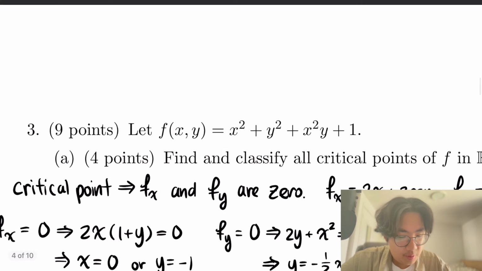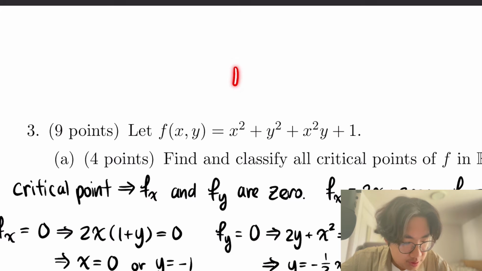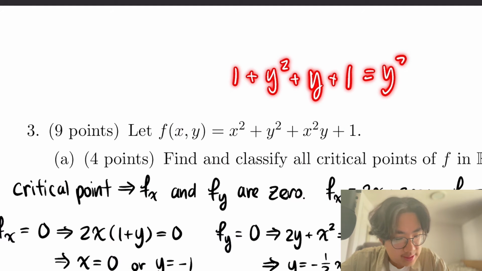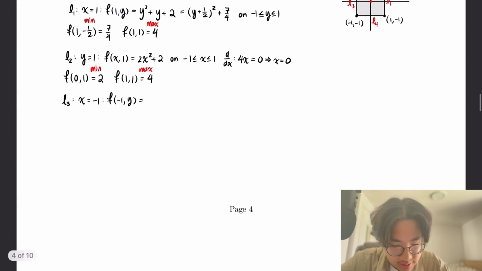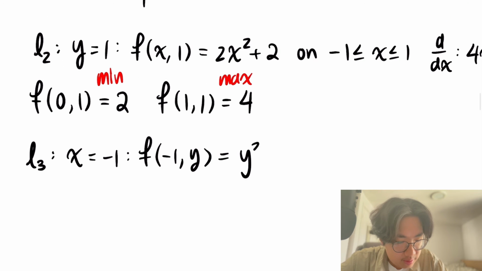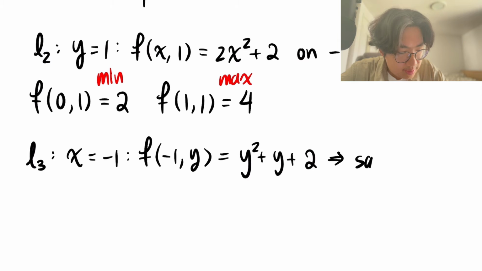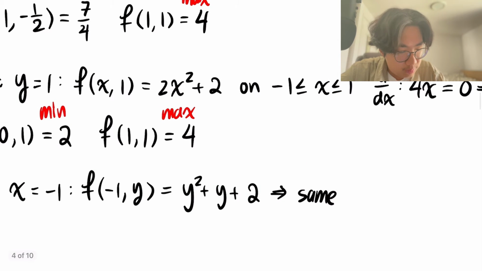You have -1 squared, so 1, plus y squared plus 1 times y, so plus y plus 1. So again, you have the same thing as previously, L1, plus y plus 2. Let's write it out here: y squared plus y plus 2, meaning you get the same thing here as L1.